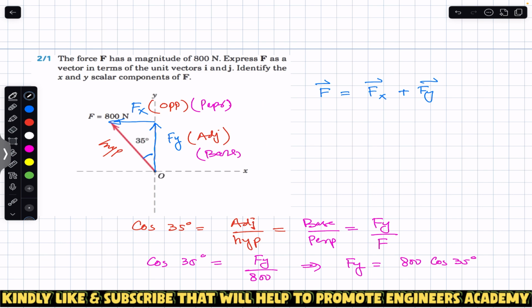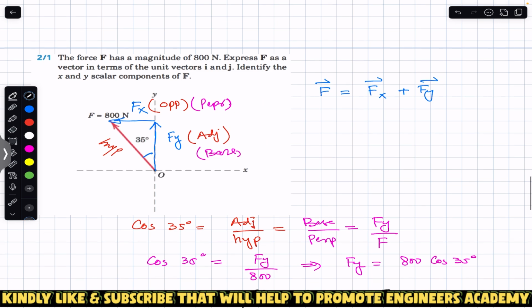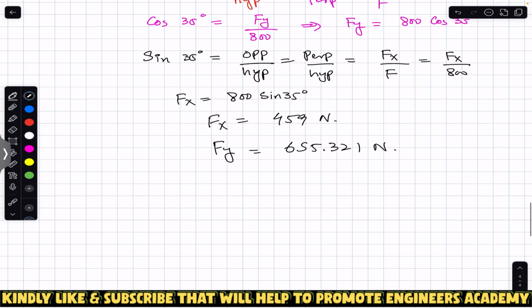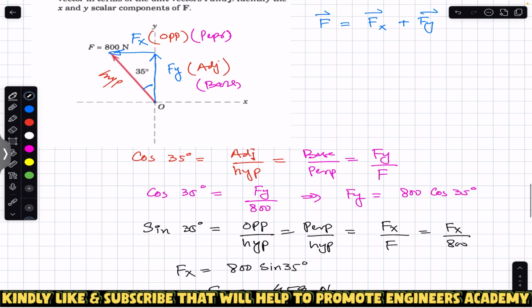Now in the problem statement, we are asked to write that force F in terms of the unit vectors I and j, and identify the x and y scalar components of that force F. So for the scalar components, we can see that f of x is in the negative x.